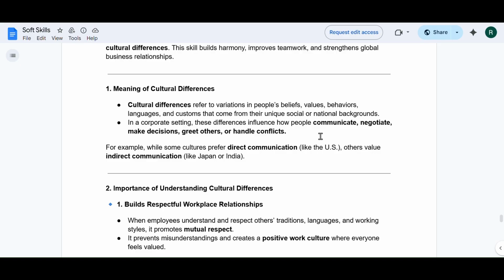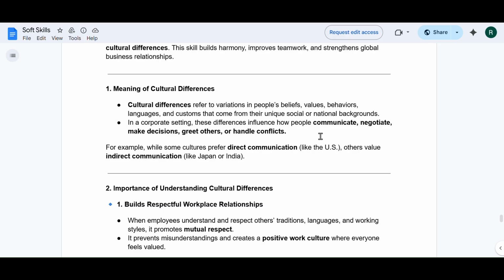For example, I might treat people in the USA one way, and people in Japan or India another way. So we would have a lot of cultural differences, right? If I respect these cultural differences, I will handle each and every country in an equal manner. That's why respecting cultural differences is very important. We will respect every part in the same way.